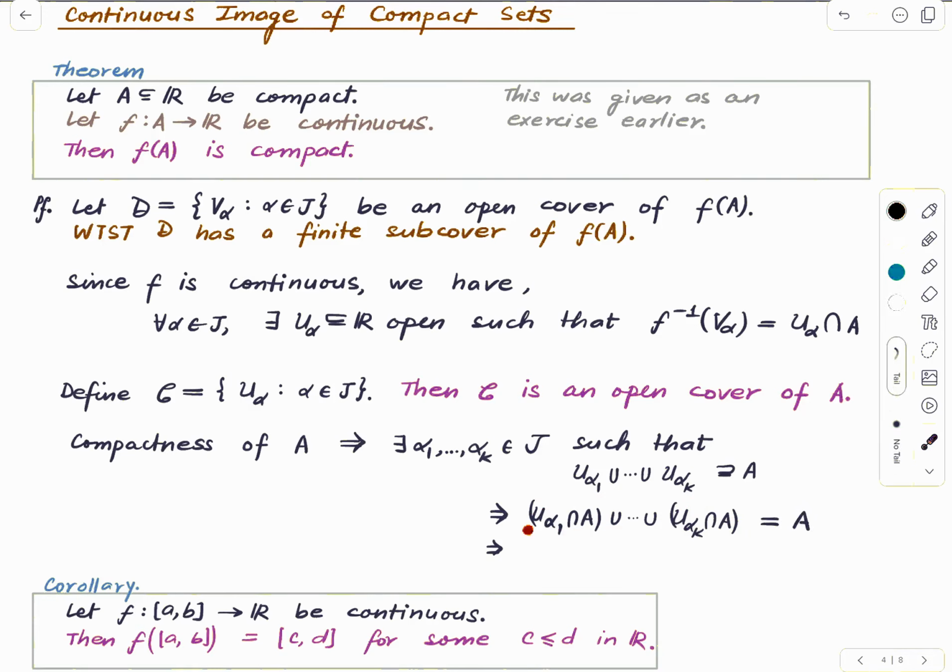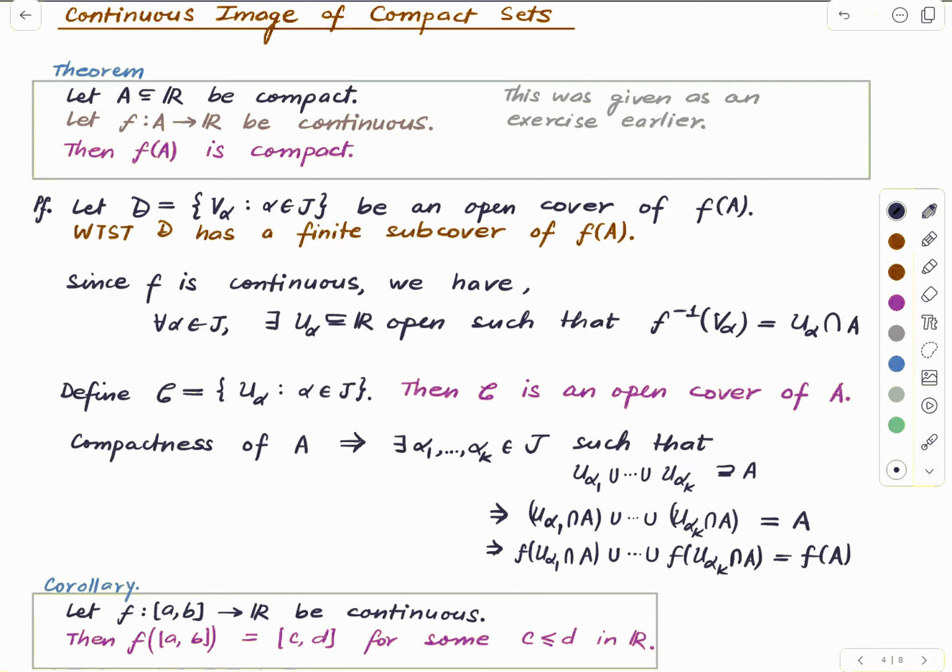So together these are subsets of the domain whose union is the entire domain. So their images will be such that the union of all the images of these guys will be the entire image. So this means that this is the entire image, right?